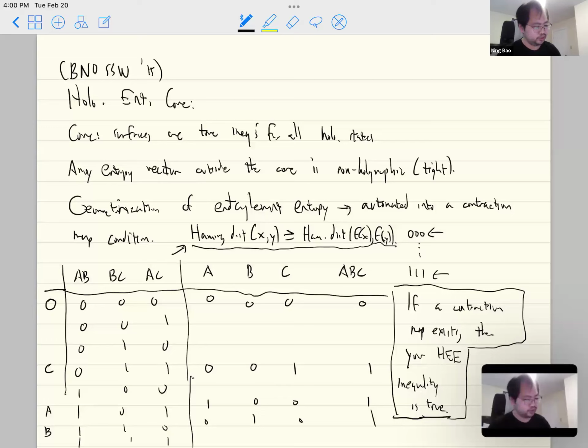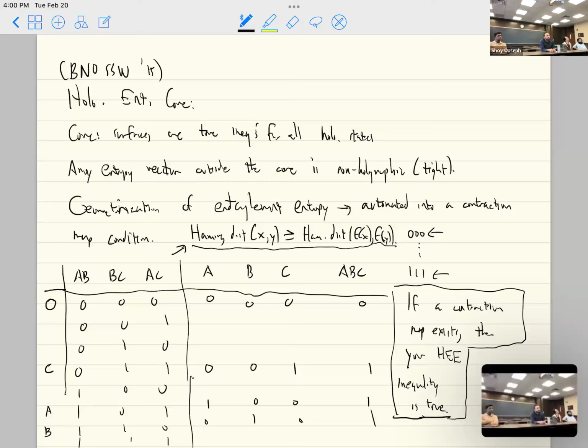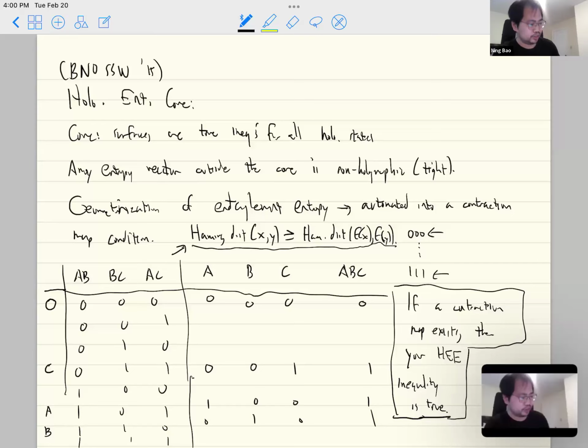Because it's a brute force search. This thing is exponential in the number of entries, and we need to try 0 or 1 for all of them. So it's clearly not very efficient. Ning, is there a graph theory way of describing all of this? It seems like there is something very graph theoretic about this. Yeah, there definitely is. I can talk about that next.